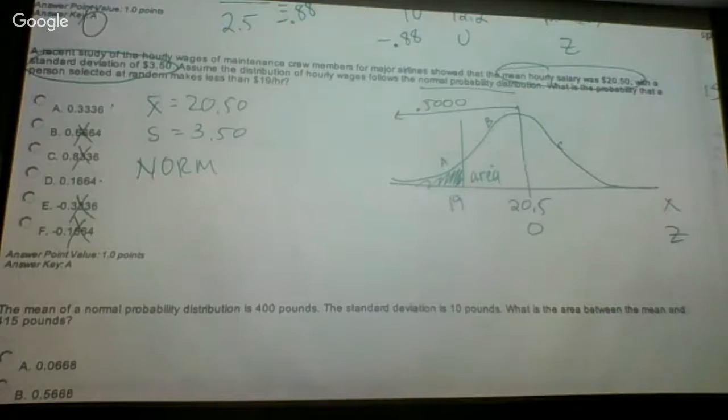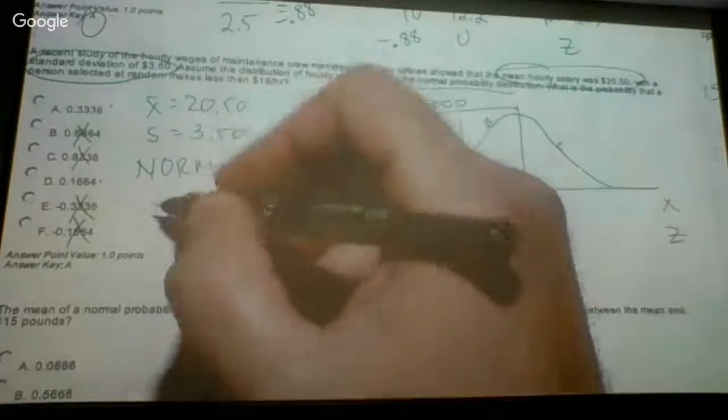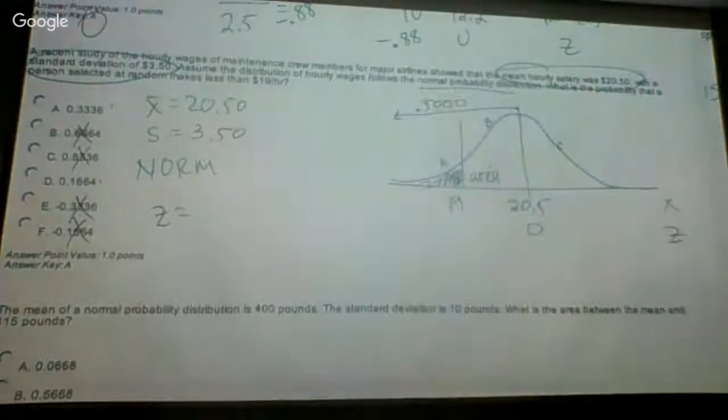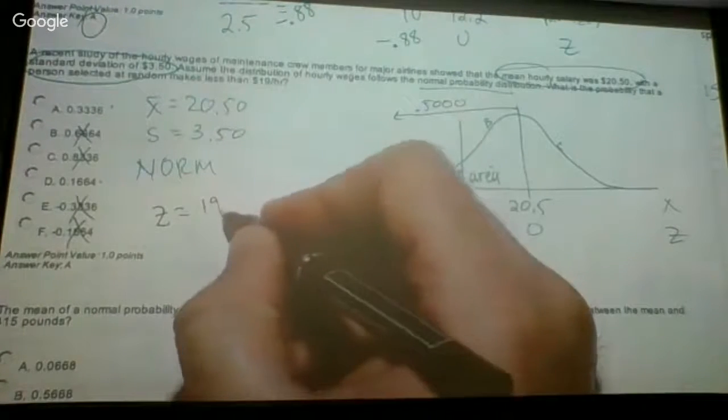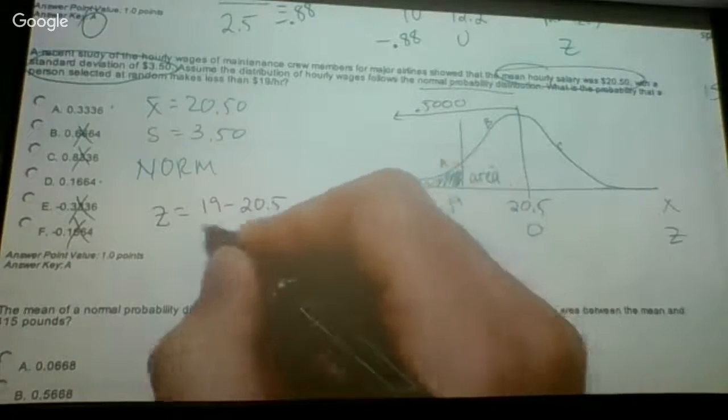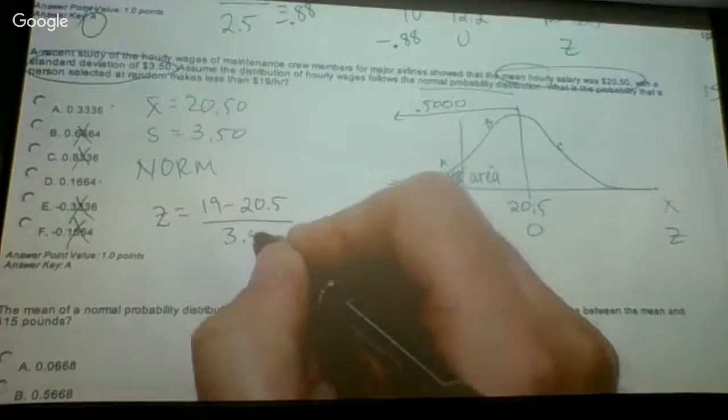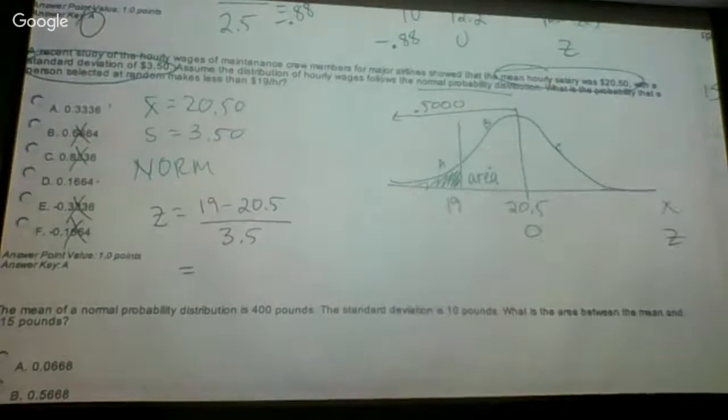Let's figure it out. What's the z-score associated with this? We got to take a raw score to a z-score. We take 19, subtract 20.5, divided by 3.5. I want to say 0.42.